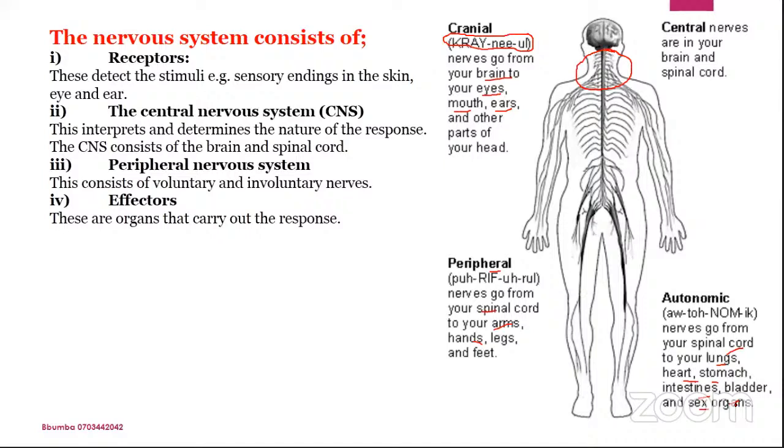So all these nerves are important. That's why I normally tell students that we are wired beings. We have wires on every body part, and when you touch there, you can feel something. That means it is wired. Those wires are nerve cells.